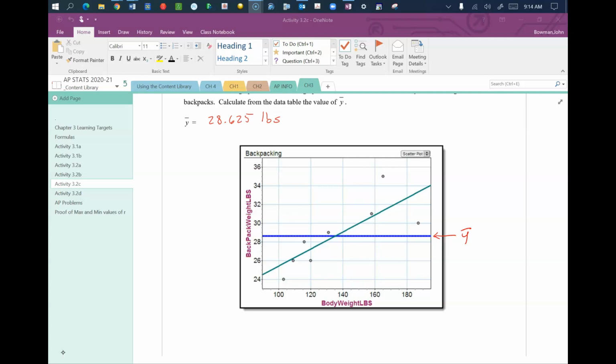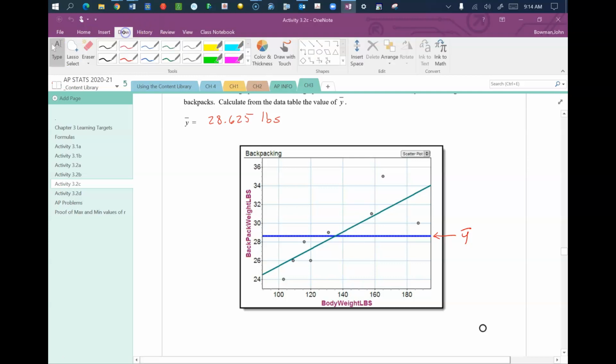And what I want to do is illustrate that concept with this graph, and then go through the calculation of it. So let's say we pick this point right here. I'm going to highlight it in yellow. And we could say that there's this much total deviation from the mean for that point.